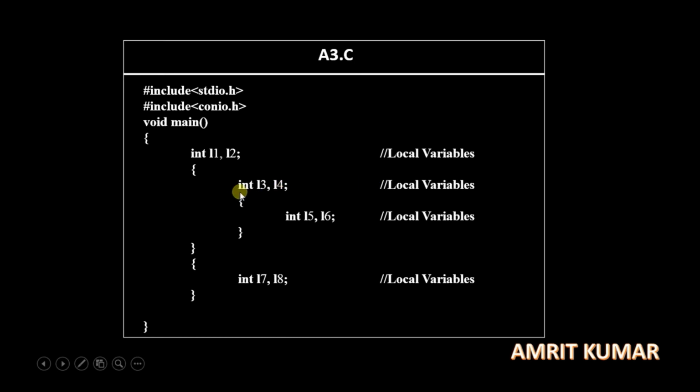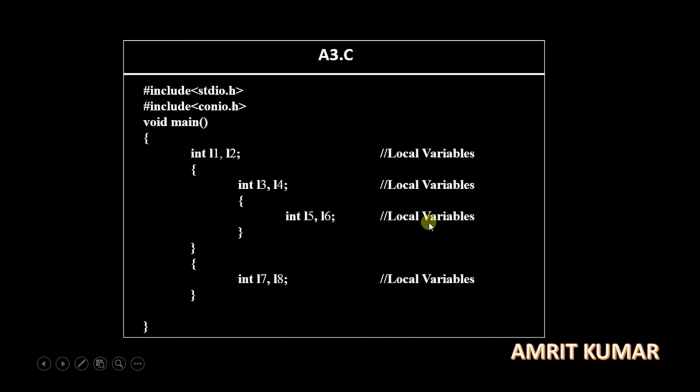Okay. If I consider I3 and I4 as variables of integer type, then again curly braces have been opened and closed. Therefore, I3 and I4 are also local variables within these curly braces. Now again I have used the I5 and I6 variables of integer type.